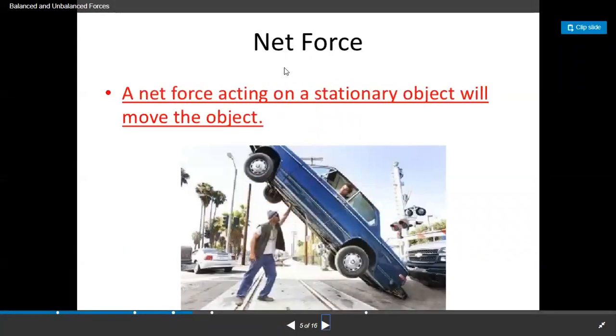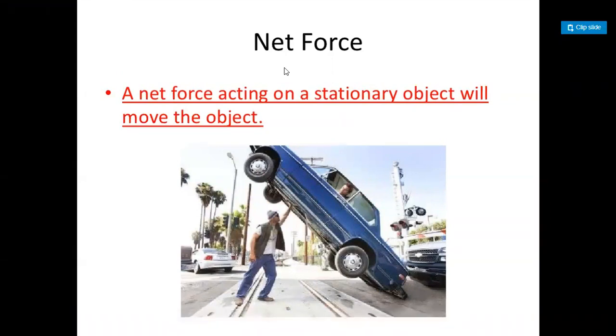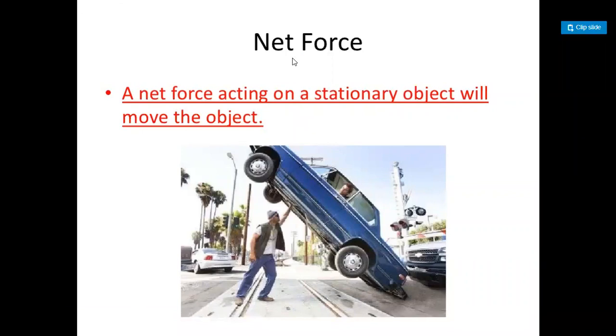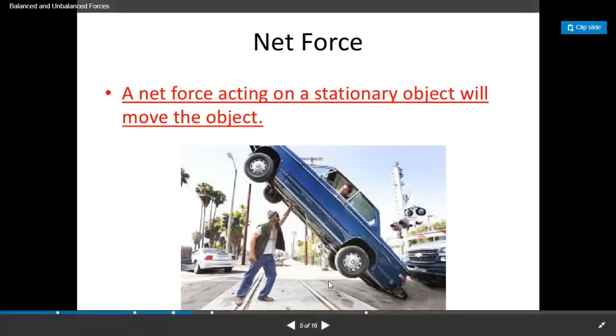A net force acting on a stationary object will move the object. You can see this man. Net force acting on a car. It can lift the object or move the object.